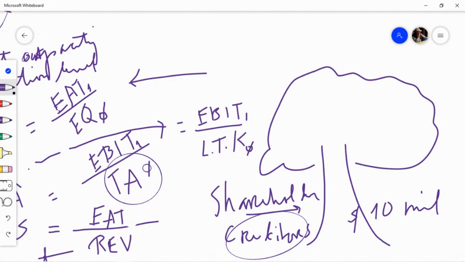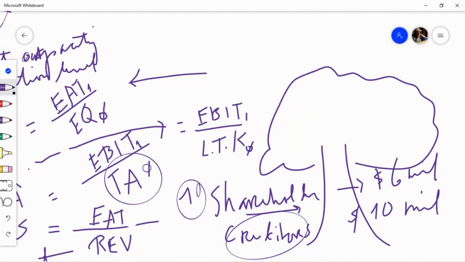And suppose there are 10 shareholders, and let's say shareholders invested 6 million.